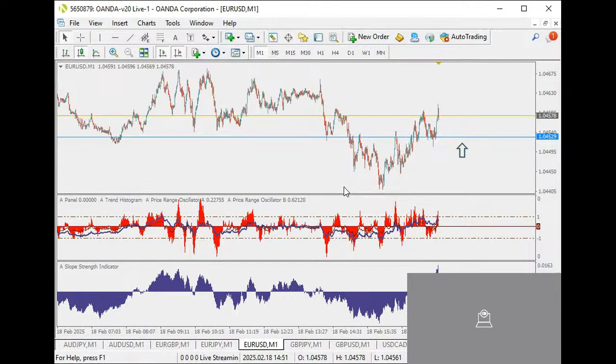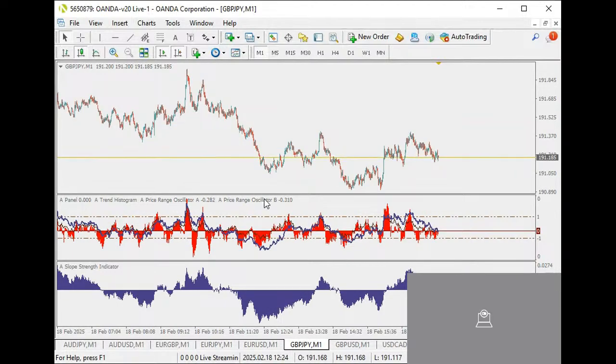Okay, Great Britain JPY is on the way down. We have conflicting signals here. The intermediate trend is bullish.